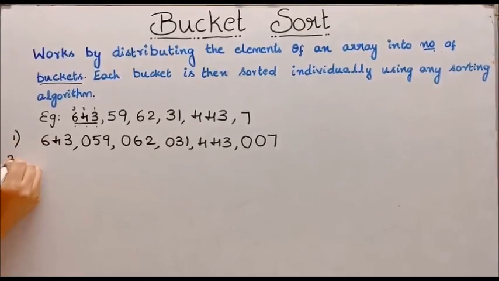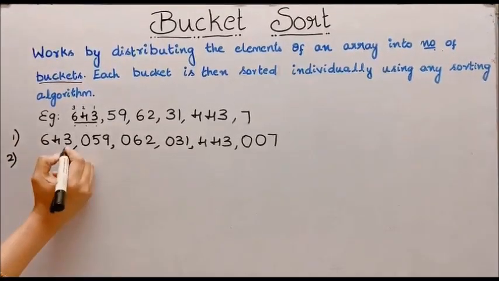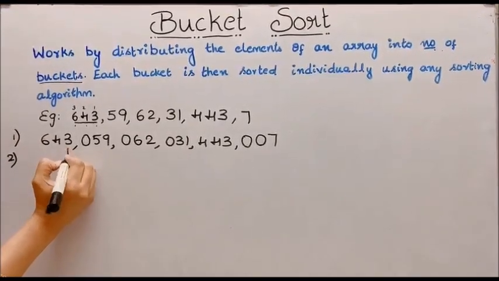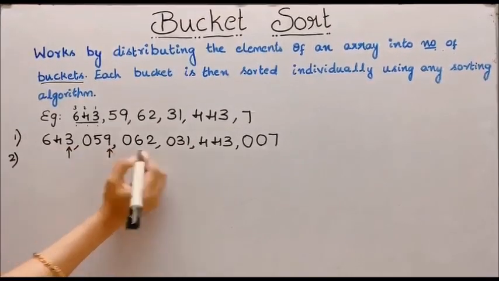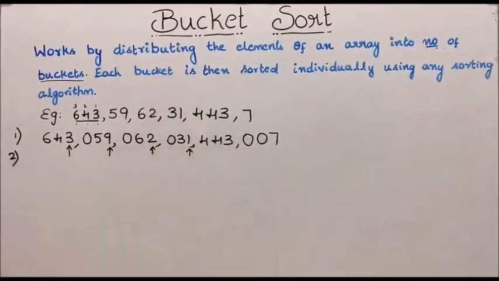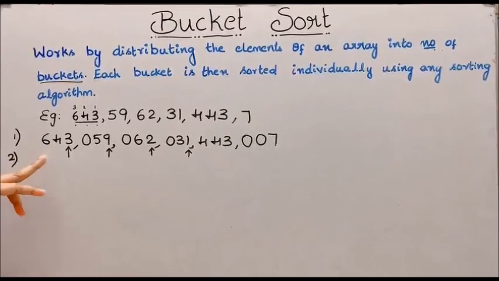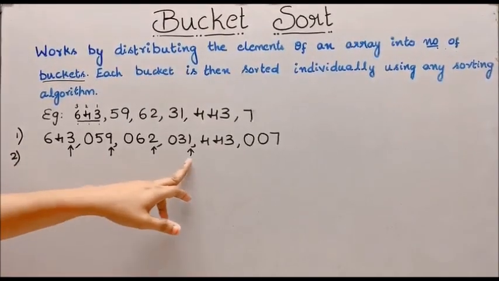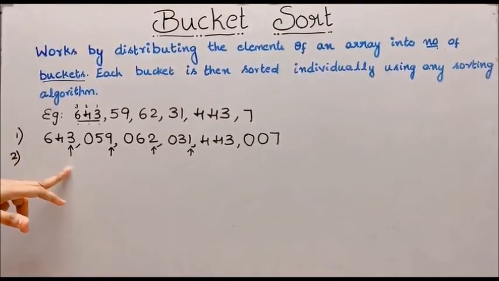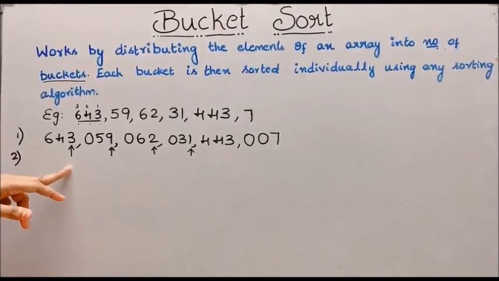And the second step is we will sort the elements starting from the least significant bit. Based on these least significant bits of the numbers, we will store them in buckets.